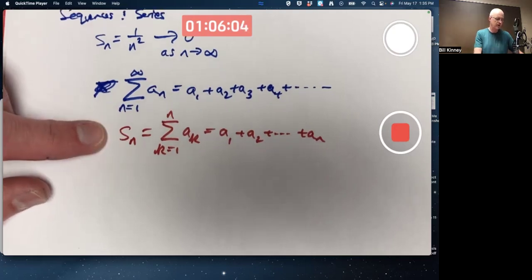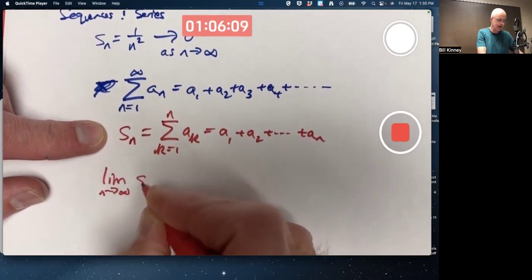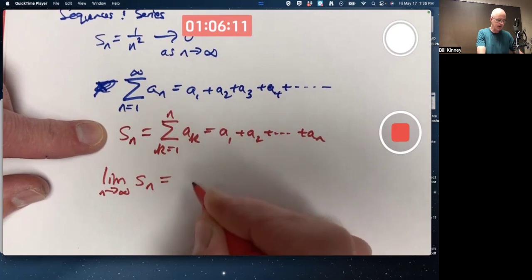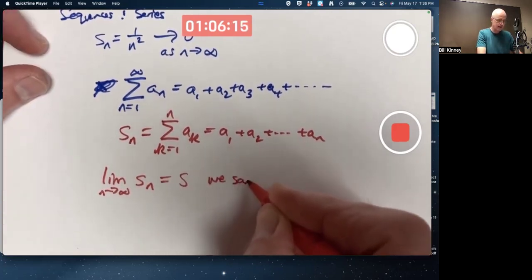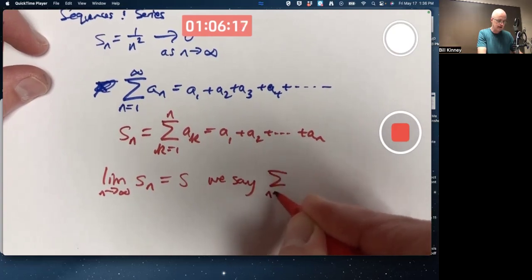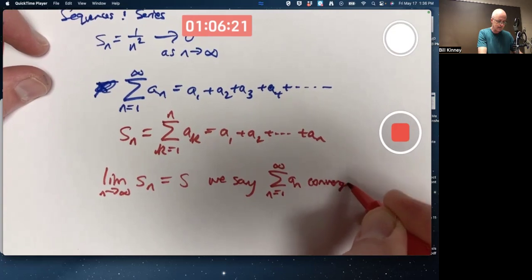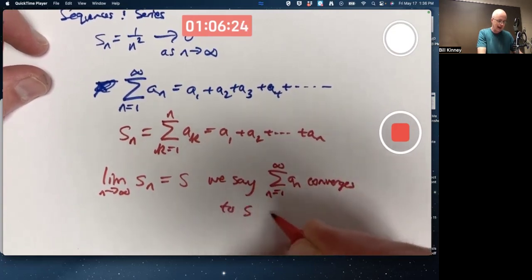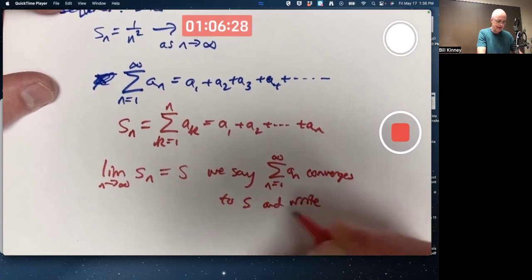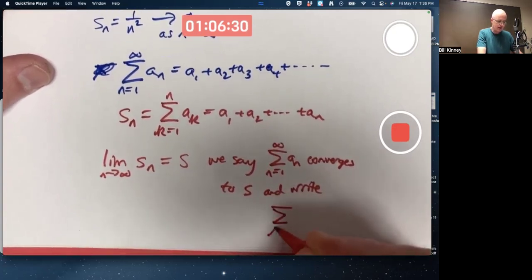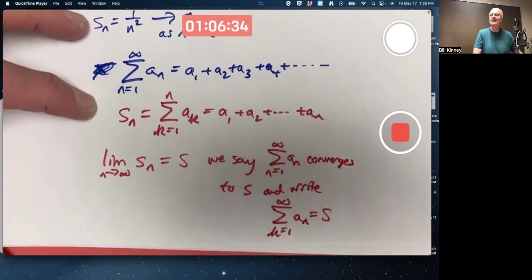If the sequence of partial sums converges, if the limit as n goes to infinity of Sn exists and equals some number S, we say the infinite series converges to S, and we even write that it equals S, even though we haven't literally added up infinitely many things. We just pretended that we did.